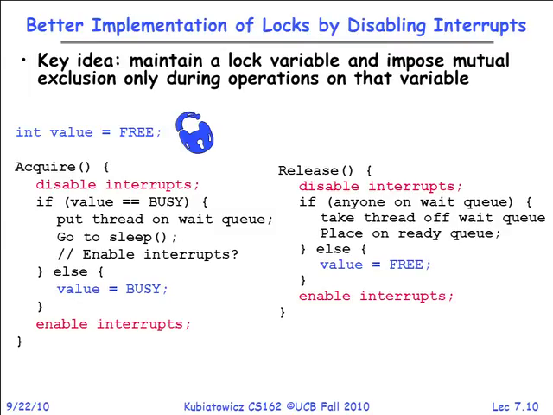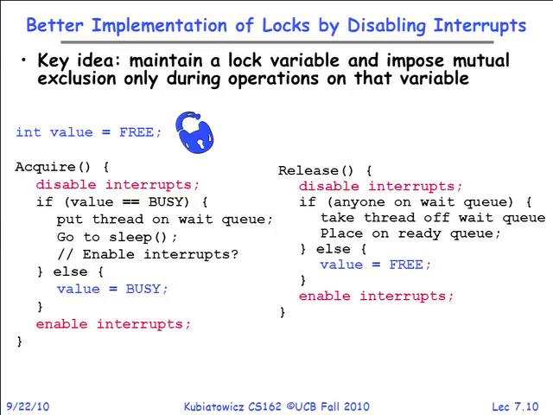Let's take a look at that. If we've already got one that has set value to busy, let's see what happens. The next guy comes along, tries to acquire, disables interrupts, says, is the value busy? Yes. Puts the thread on the wait queue and goes to sleep. Now, what happens later when somebody goes to release?